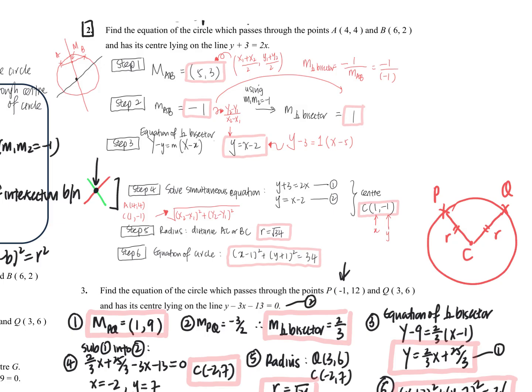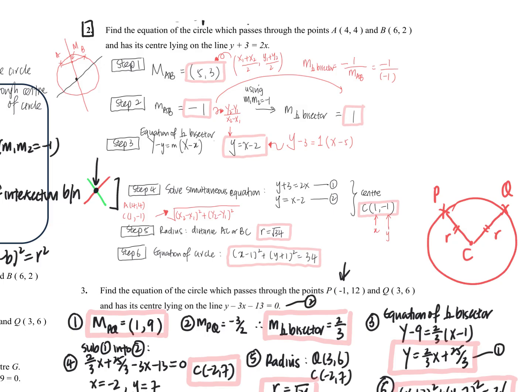So what does this tell me about the gradient of my perpendicular bisector? Vertical. Yes, it's a vertical line. You go and calculate y2 minus y1, 0 already. So it tells me that my perpendicular bisector line is a vertical line, which is this line here.